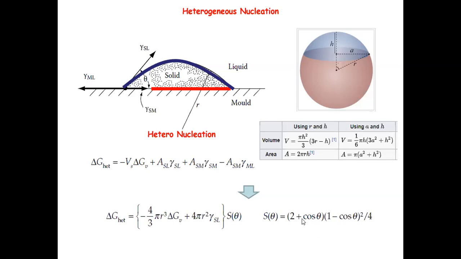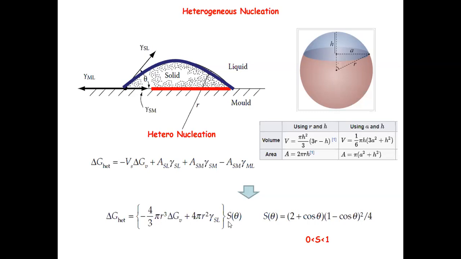If you analyze the value of this function of theta, you can do the plot and the local minimum analysis. You'll see that this function is always smaller than 1 but greater than 0. So what does this mean? This part is the homogeneous nucleation energy for a particle of the same size, the same radius.